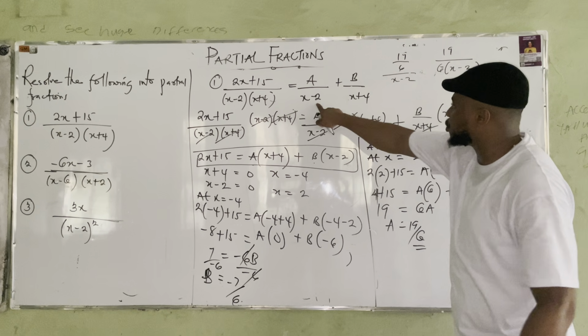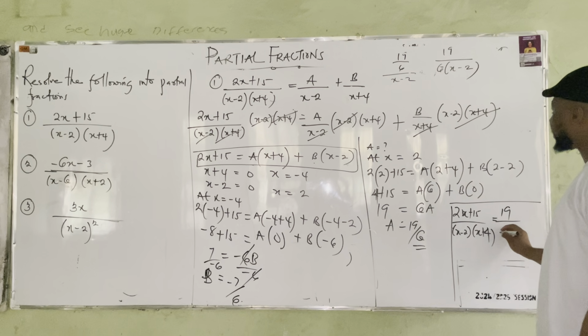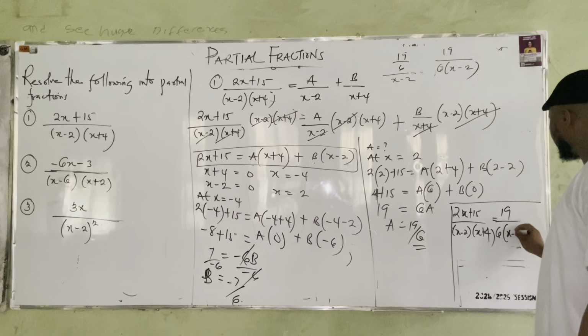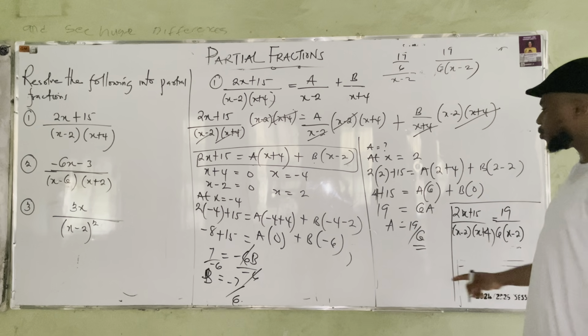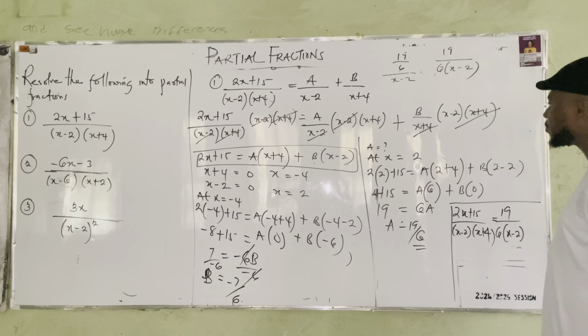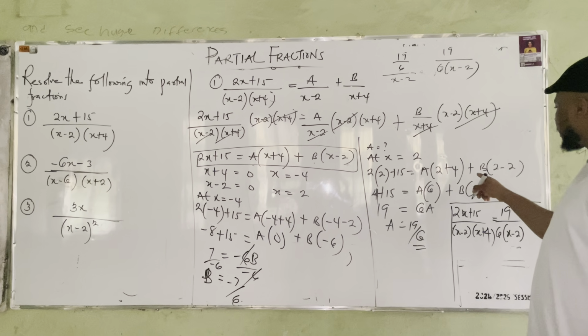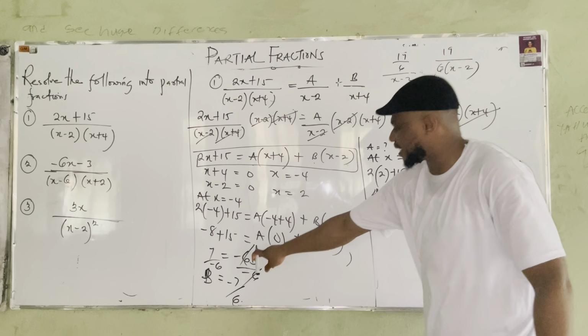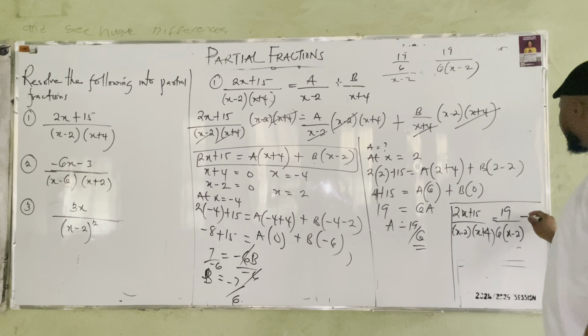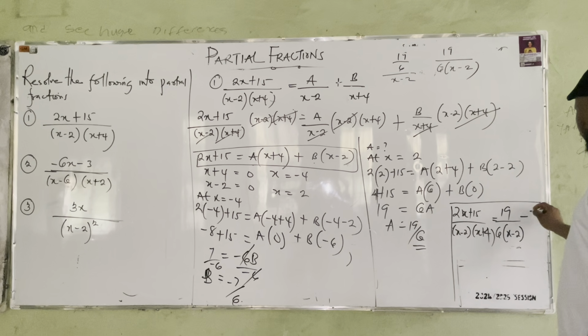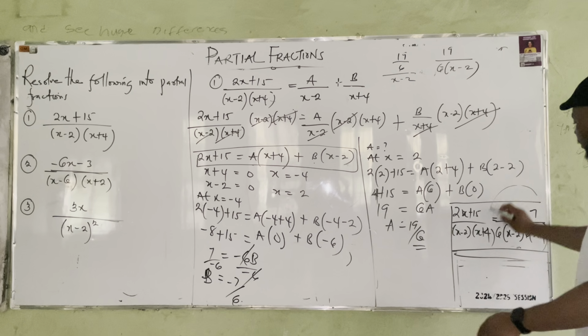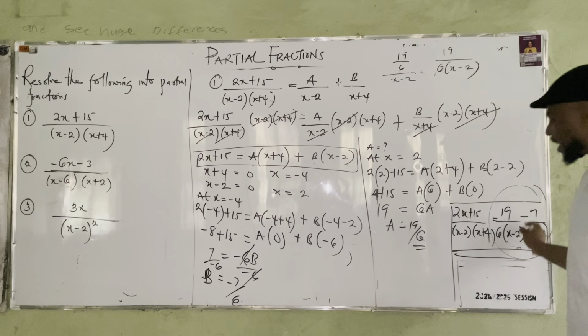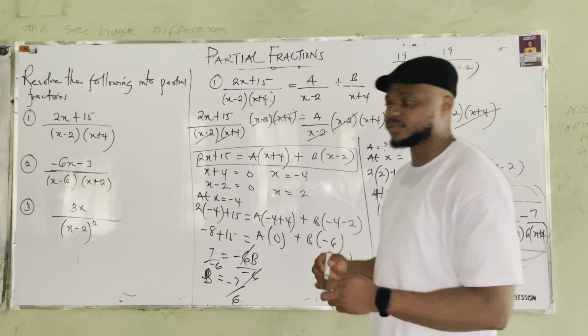Carry the denominator and join it with this. The same thing we'll do to b. b is minus 7 over 6. Remember, here there is a plus, so this minus will affect it. Plus times minus becomes minus. So we have minus 7 divided by 6 bracket x plus 4. So we've been able to resolve it into partial fractions. This is the partial fraction that we've resolved it into.